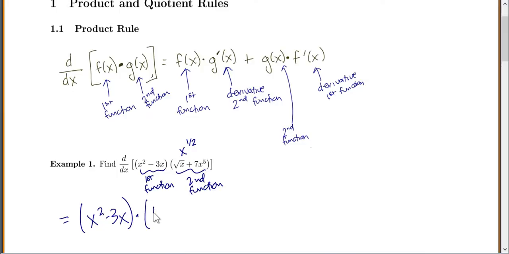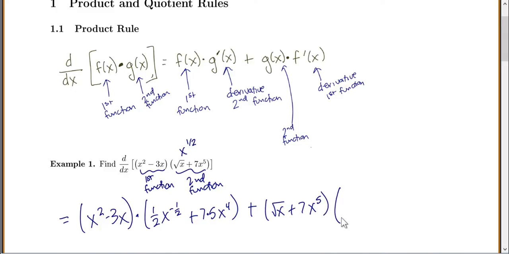So we're going to bring down the 1/2, x to the negative 1/2, drop the power by 1, plus 7 times 5x to the 4th. So we took the derivative of the second function, plus our second function, which was this entire square root of x plus 7x to the 5th, times the derivative of the first function. Your first function is x squared minus 3x, so that derivative would be 2x minus 3.